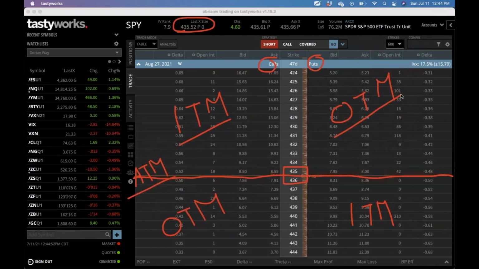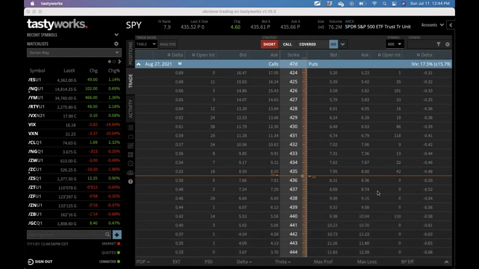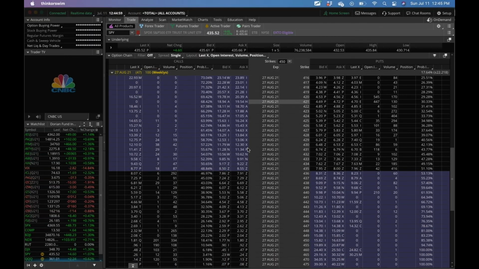All right, so let's jump over to this Thinkorswim platform so that you can see how that looks as well, just to make sure you understand. Once again, this is the at the money area where the shaded areas kind of separate. This is the at the money area on the Thinkorswim platform, and it's pretty much the same. This is the last price that they have.